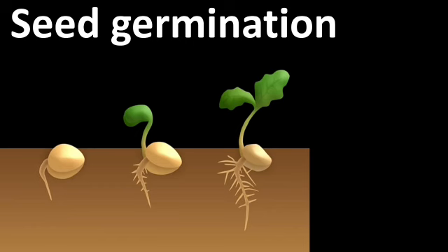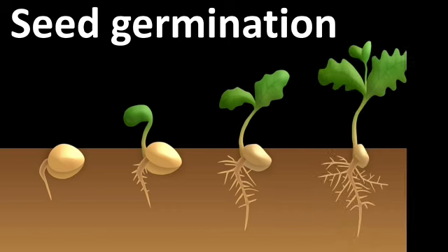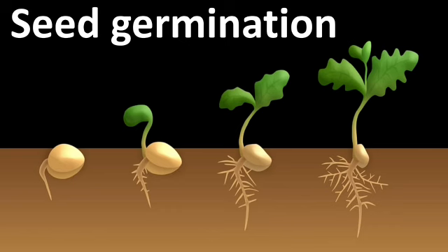Stage 3. Meanwhile, the shoot also starts growing upward towards the light. Soon you can see a baby plant with tiny leaves. And the last stage, stage 4: the leaves continue to grow towards the light source and start to make their own food, and this process is called photosynthesis.